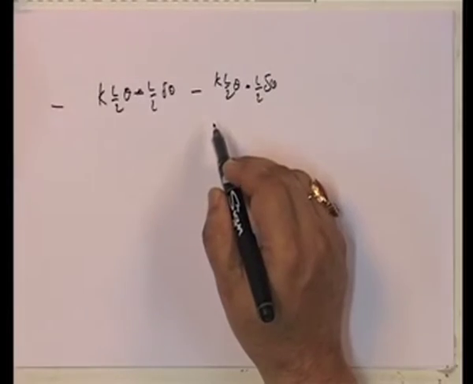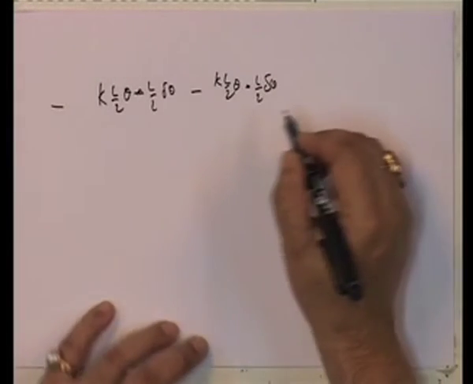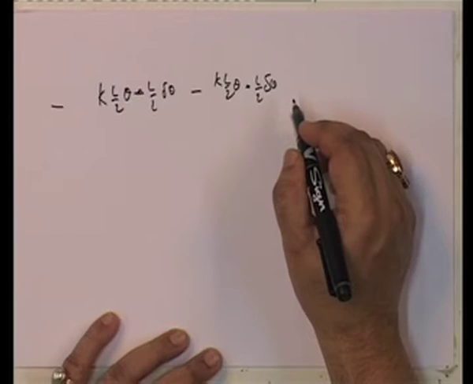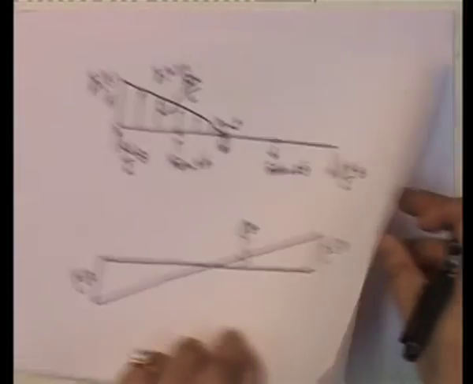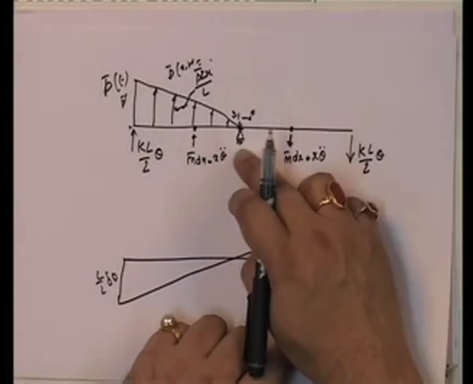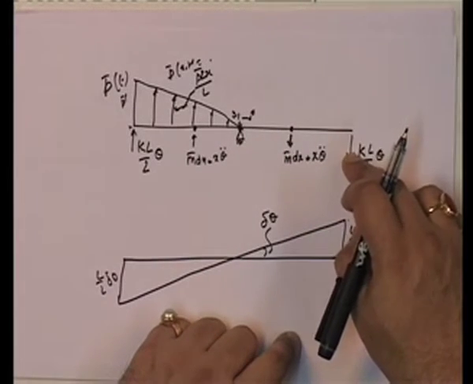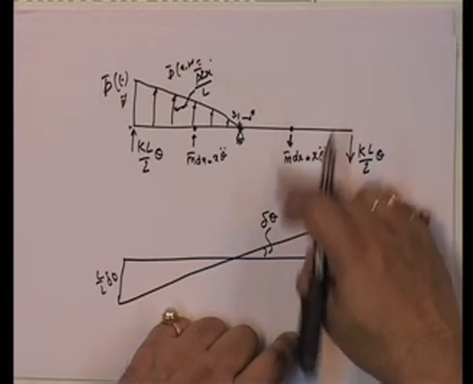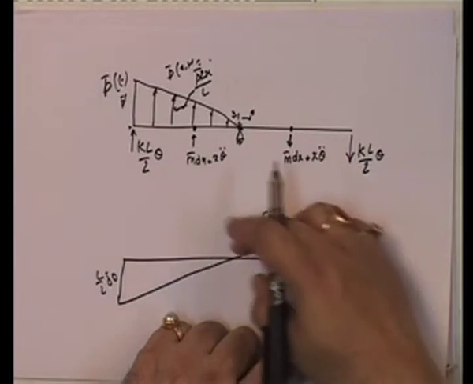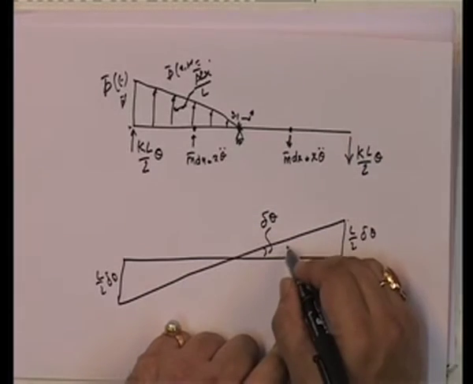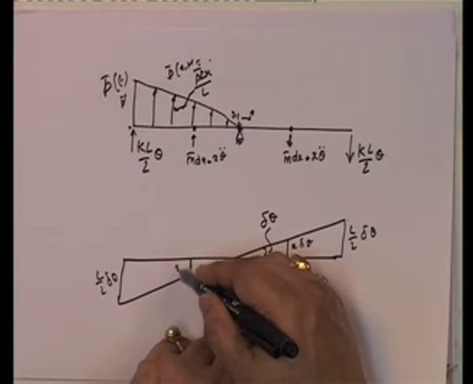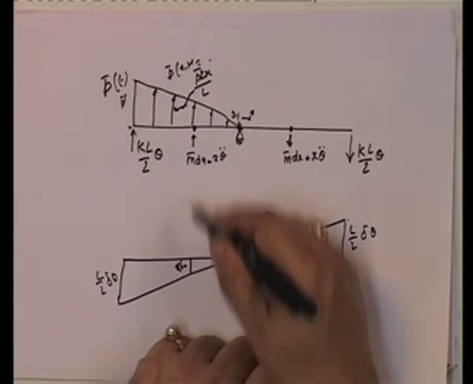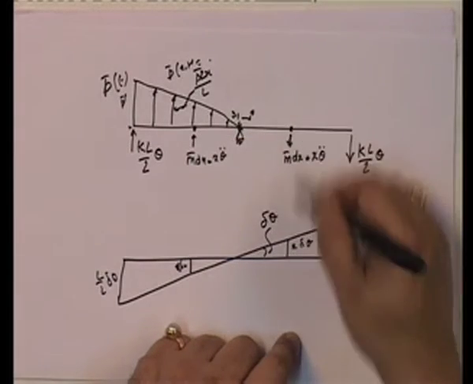And then I have the mass. The infinitesimal mass from 0 to L by 2 has work done that is negative, and on this side also the work done is negative. This is equal to x delta theta and this is x delta theta. This goes opposite.